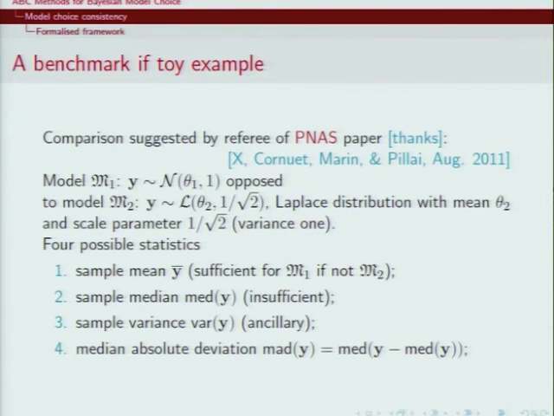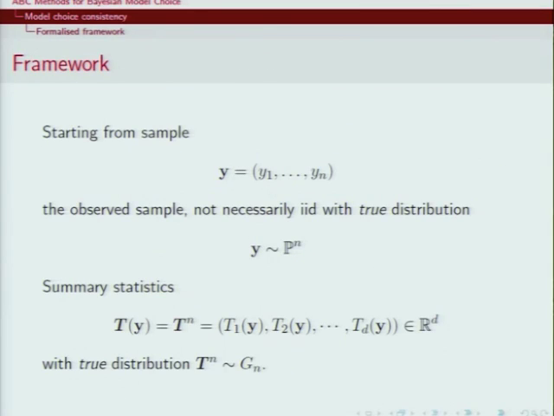Okay. And so this different behavior will hopefully be identified by our consistency results. So the structure is therefore to start from a data set that comes from a certain distribution Pn. The summary statistic has a projected distribution Gn, that is of dimension d, that is fixed for n.